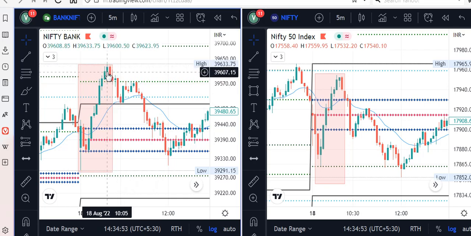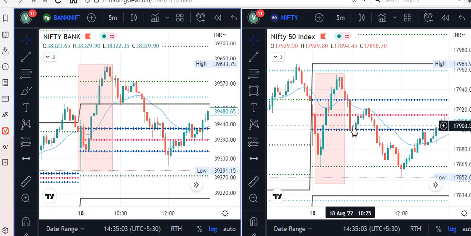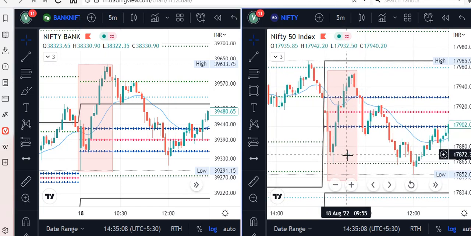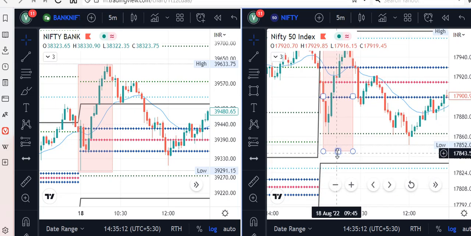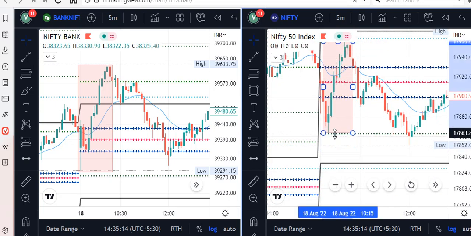to take the trade. As this is the wide initial balance, I'm not interested in breakout, because this is the wide initial balance, and here also Nifty has a wide initial balance. Sorry, here I didn't mark well. I am showing you, this is the initial balance.